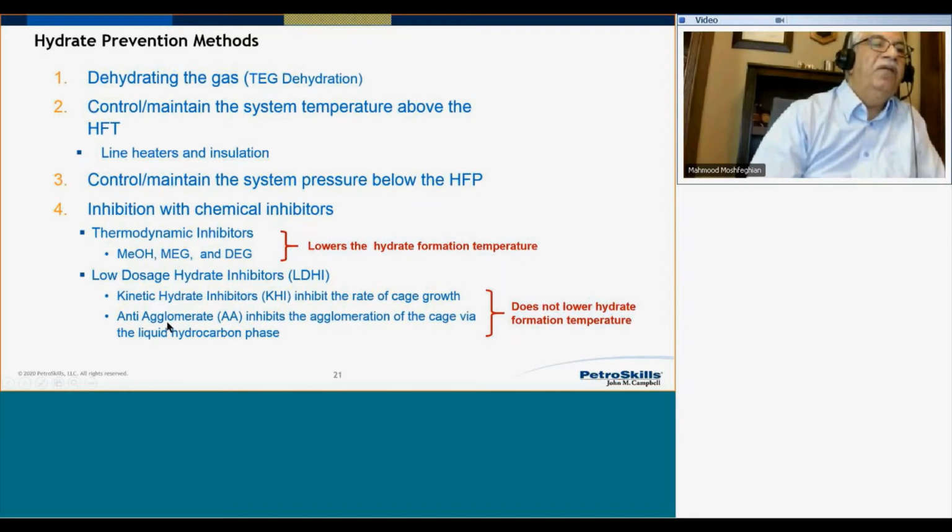And the next category of low dosage hydrate inhibitor is anti-agglomerant, where we allow hydrate formation to take place, but keep them in small pieces and away from each other, so the hydrate doesn't plug. The requirement is to have a liquid hydrocarbon phase. So the key takeaway is remembering that equilibrium inhibitors shift the hydrate curves, but low dosage ones delay the hydrate formation process. They don't shift the hydrate curve.